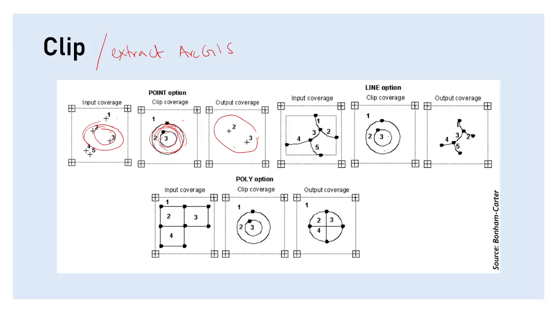So again, whatever is going to be there within this clip coverage, only that will be extracted. So the output coverage will only have that. Same thing you are doing in the case of the polygon option. So the clip coverage is the same, but with different vector data: point data, line data, polygon data. So that is the clip or extract of ArcGIS.